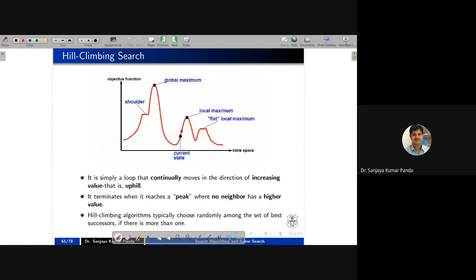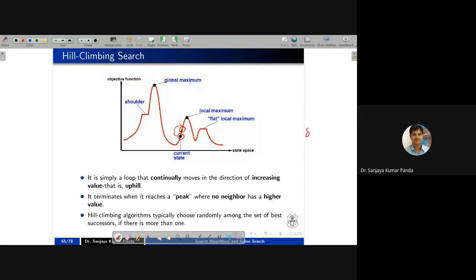Here you can see one very famous search, called hill climbing search. I told you, hill climbing games are also available in the Play Store. Suppose your current state is here, and delta is the step length. Your current state plus delta is your next state. Let's say your next state is here, so there is a change of state.